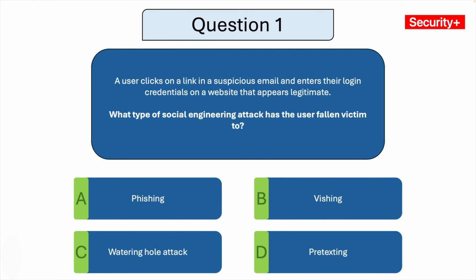And then you have pretexting, which is creating a story to trick the victim into revealing information. And then finally, you have phishing. And phishing is the use of deceptive emails or websites designed to steal user information or credentials, as an example. So for this one, the best answer is going to be A, phishing.